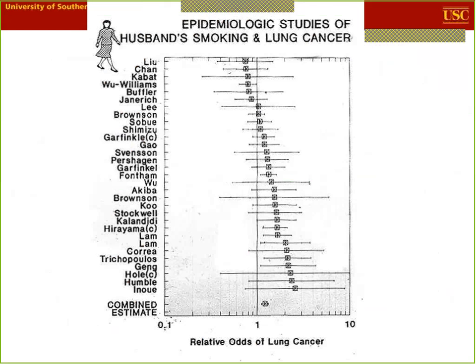Now, here we have a meta-analysis done in the 1990s on passive smoking and lung cancer. And here there are results of about 24, 28 studies. There's a combined estimate at the bottom of about 1.25 for risk of lung cancer in never smoking women married to smokers compared to never smoking women married to non-smoking husbands.